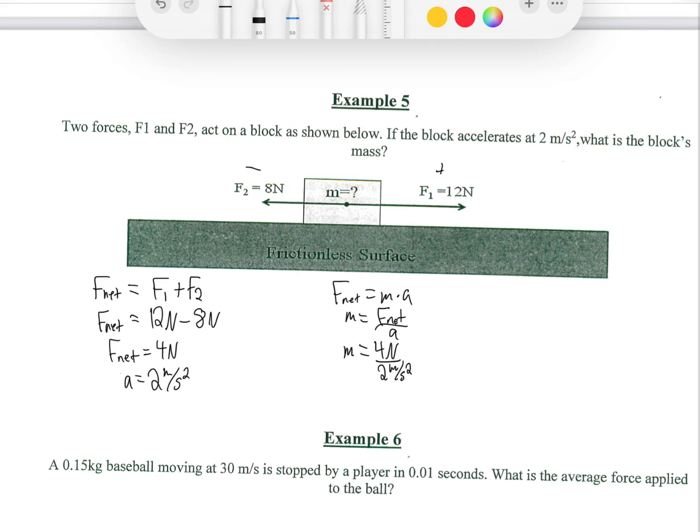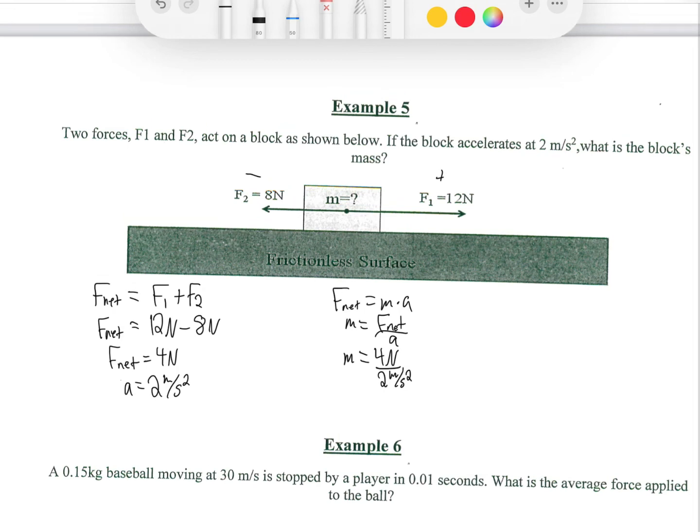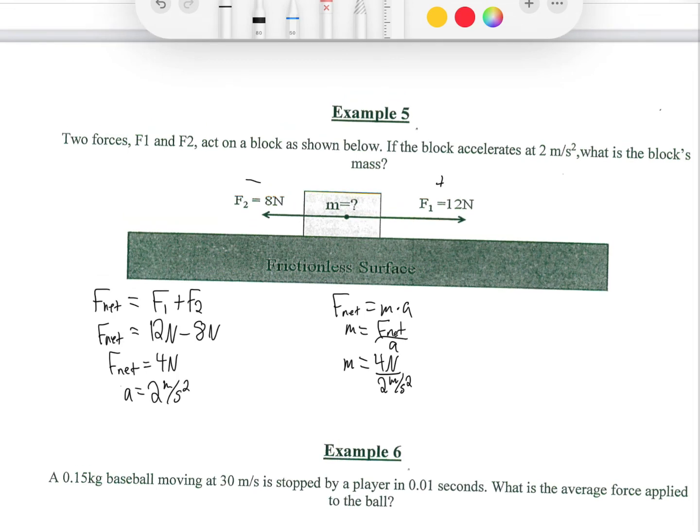Now something else we want to do is check our units and make sure they check out. But it's really hard to compare newtons to meters per second squared. Newtons are a derived unit, which means they're made up of other units. So we can break it into what we had before, which is 4 kilograms meters per second squared over 2 meters per second squared.